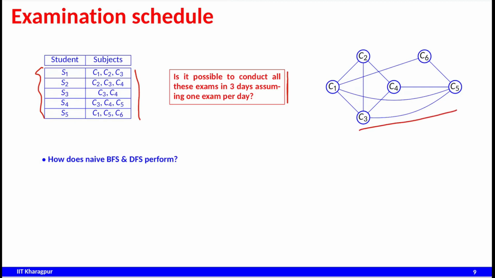To find the solution, one naive strategy is to apply a search technique like BFS or DFS. It may be problematic in the sense that the complexity can be very high.